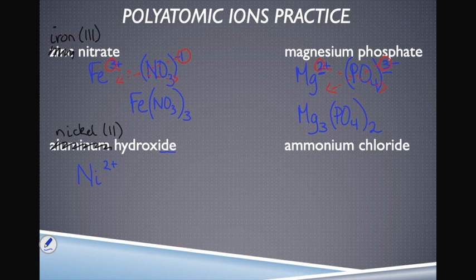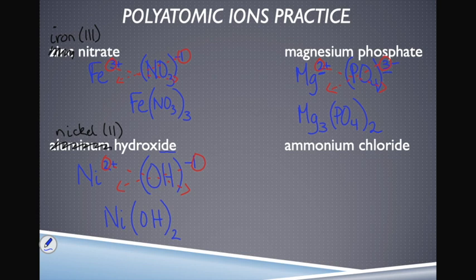So look in your table of polyatomics, you can see that hydroxide is OH, I'm putting that in brackets, and it has a -1 charge. Okay, cross and drop. And what we get is Ni, and then in brackets, OH, 2. Nickel 2 hydroxide.